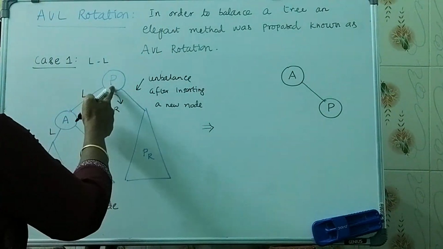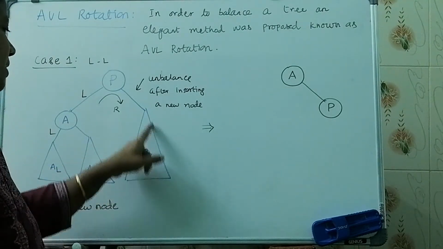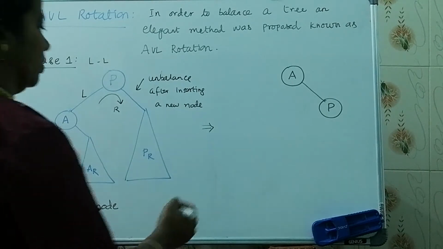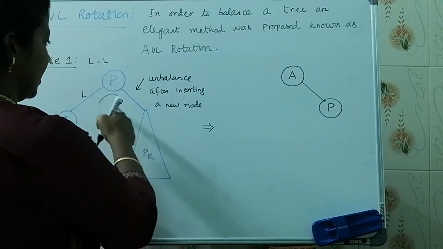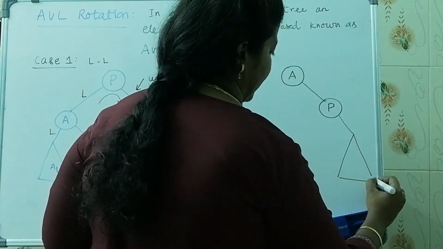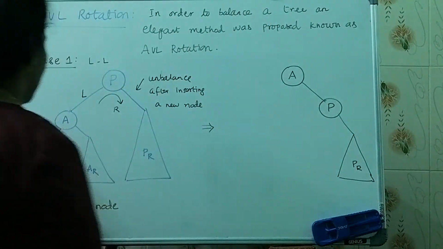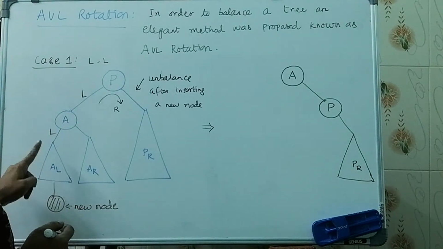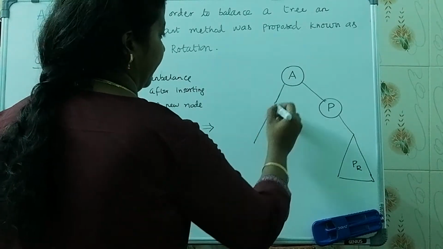Why? Because P is larger than A. Now PR stands for the subtree of P. There is no change in PR, because the PR subtree is greater than P. So we can insert this subtree PR to the right side of P. Now note that the left subtree of A remains as such, so let us insert AL here.